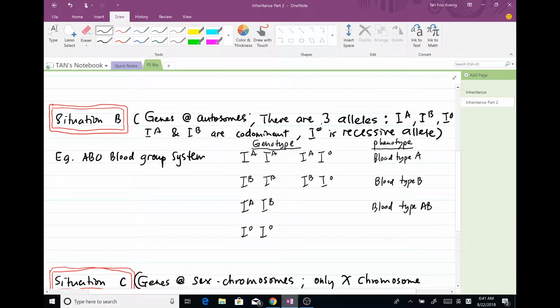IO and IO should give you the phenotype of blood type O.